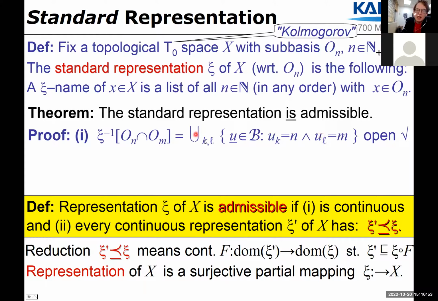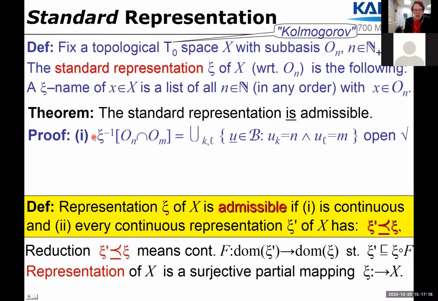And here we have a union over open sets, which is open in Baire space by the very definition. So we've just proven that the preimage of subbase elements of the space X is an open subset of the Baire space, and therefore this is indeed a continuous function.